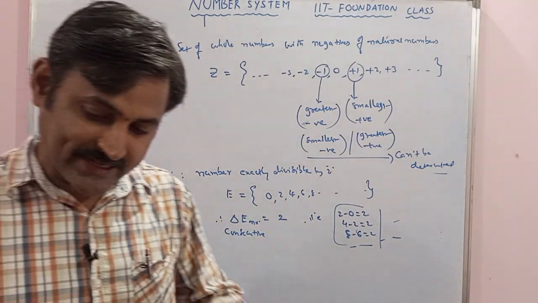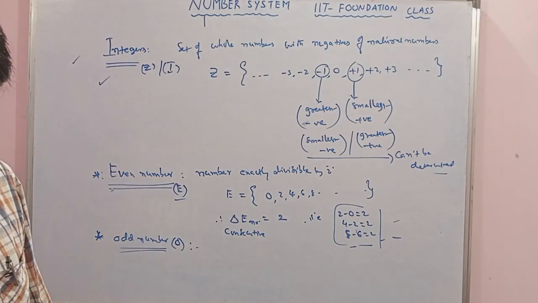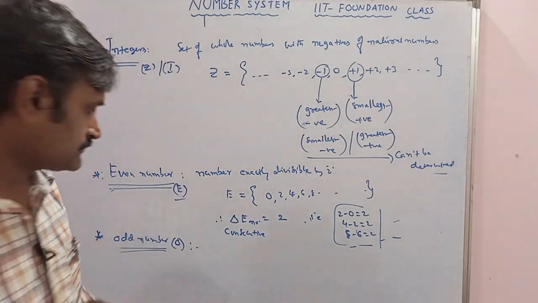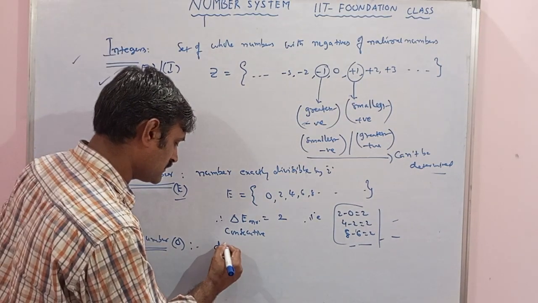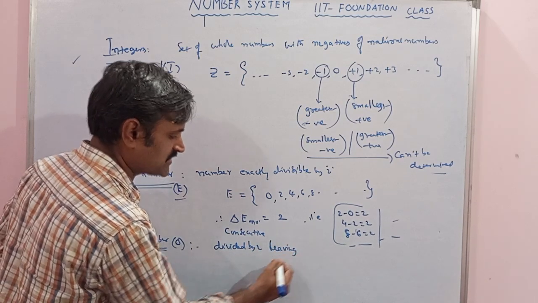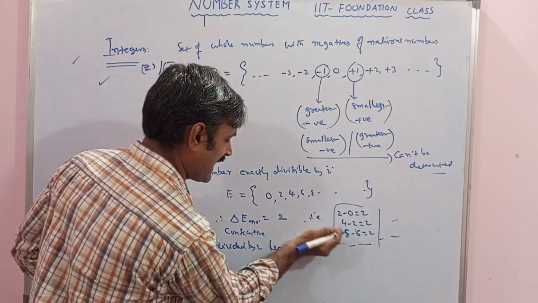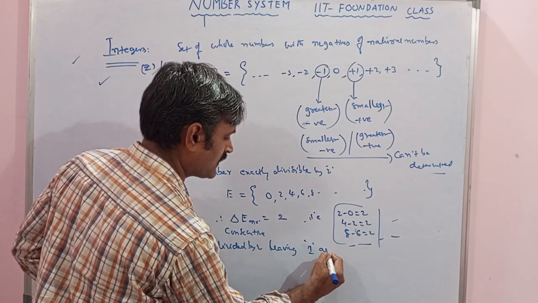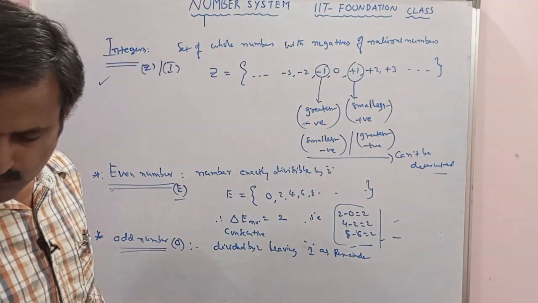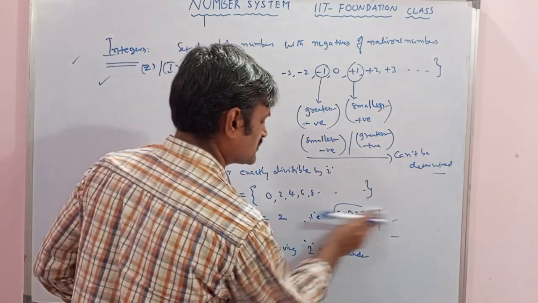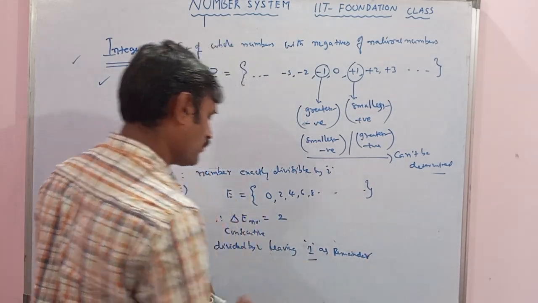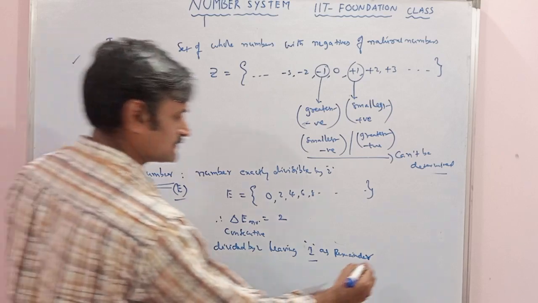Numbers which, when divided by 2, leave the remainder 1. Or 2n plus 1 is also a formula we generally use.